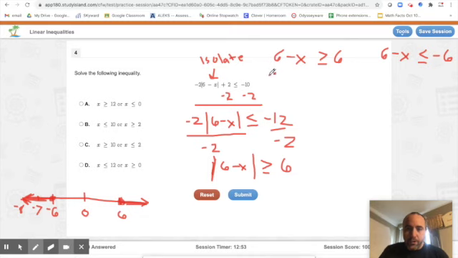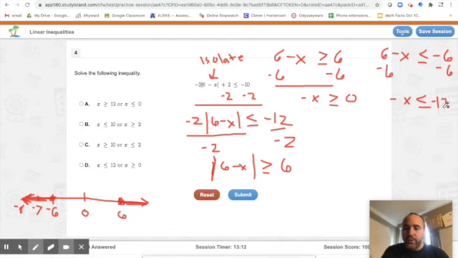All right, so solving both of these, we're going to subtract 6 from both sides in both inequalities. And that's going to leave us with -x is greater than or equal to 0 in this case, and -x is less than or equal to -12 in this situation. Now this is key here, because technically we are about to divide by a negative.